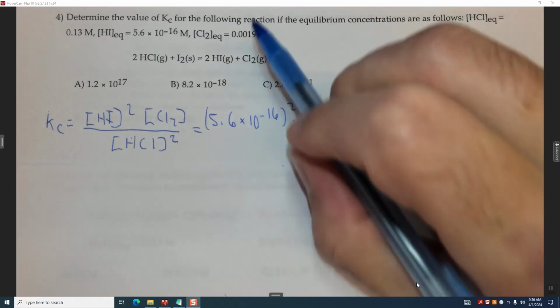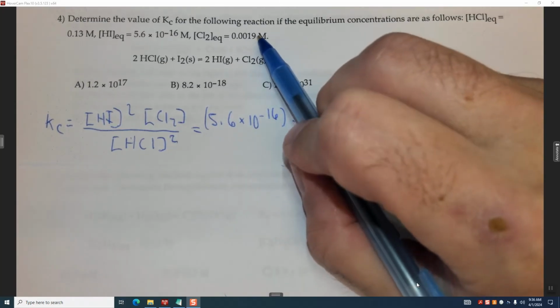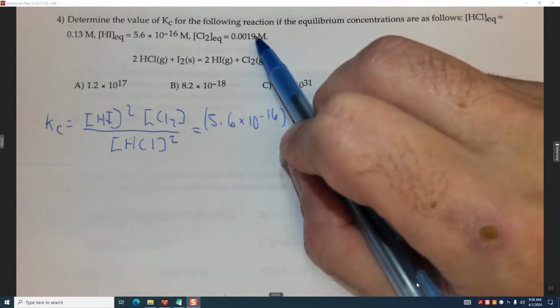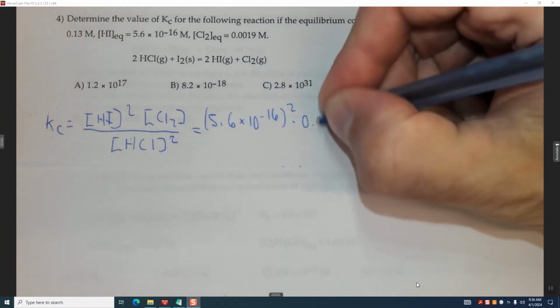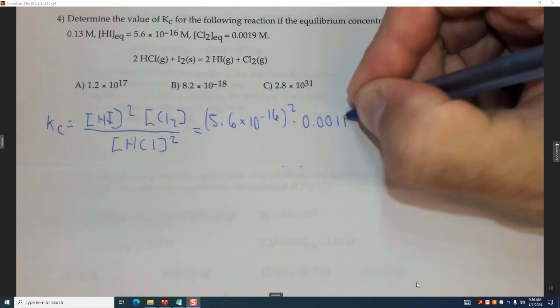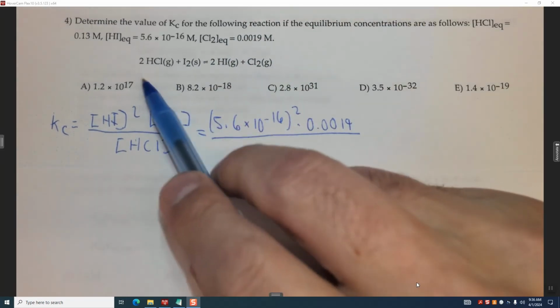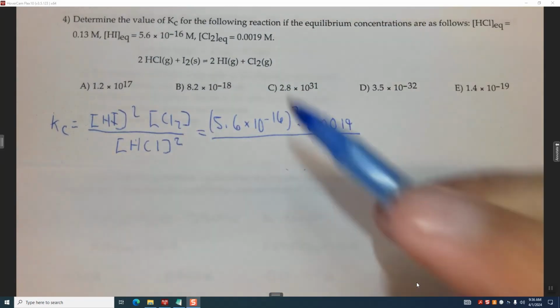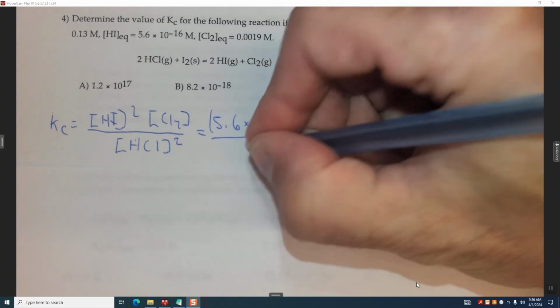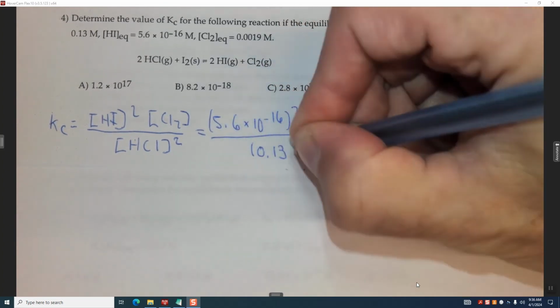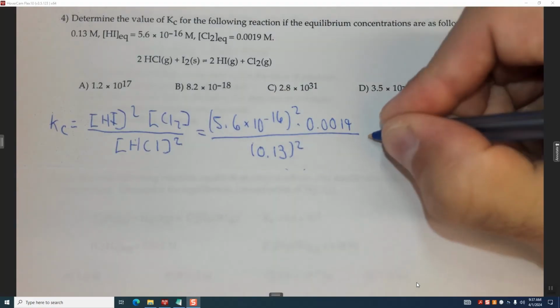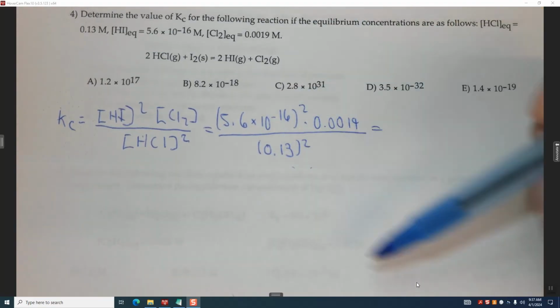We're going to multiply that times the concentration of Cl2, which in this case is 0.0019. We're going to divide it by the HCl squared, and you'll notice the HCl relative to the other two is much higher. It's going to be 0.13 squared.